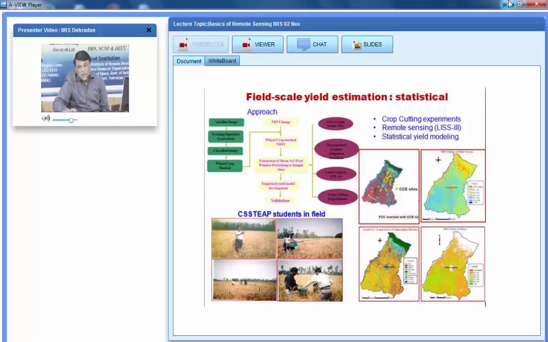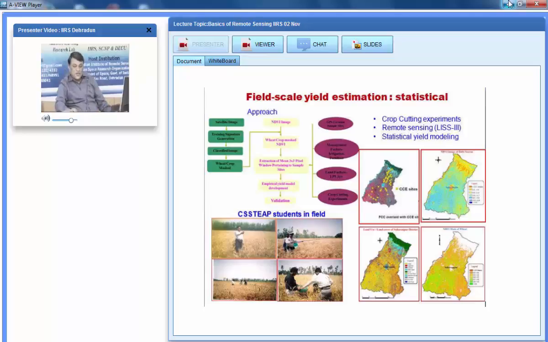According to location, we have the geolocation of each crop cutting experiment. NDVI is extracted for the surrounding 3 by 3 pixels around the crop cutting experiment, and this NDVI is related against the crop cutting experiment based yield. Then validation is done with farmer interviews.